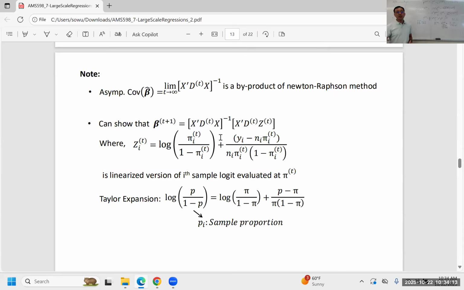Your dt is dependent on pi. That's why it's reweighted. So IRLS is the iteratively reweighted least square. This is the name of the algorithm. If in the future you hear of iteratively reweighted least square, you know that's a solution for logistic regression.